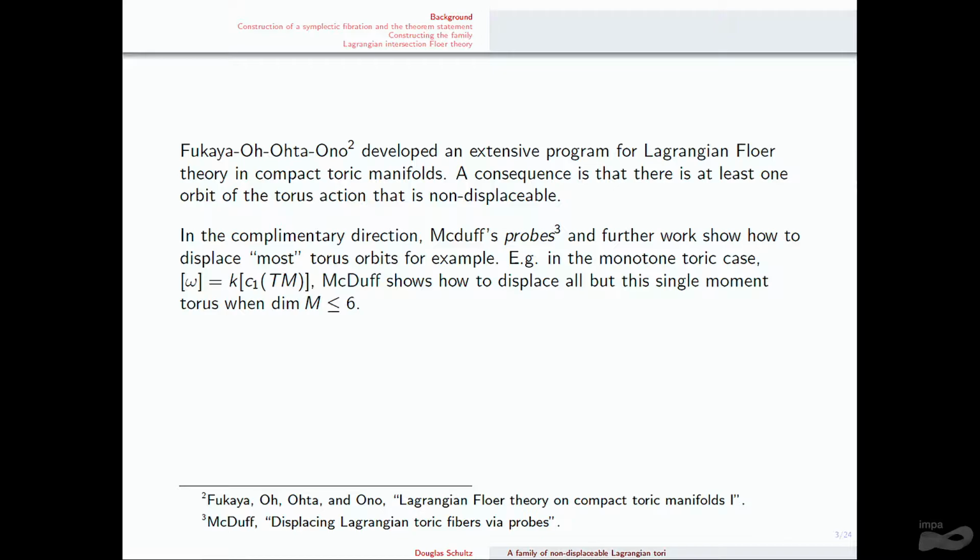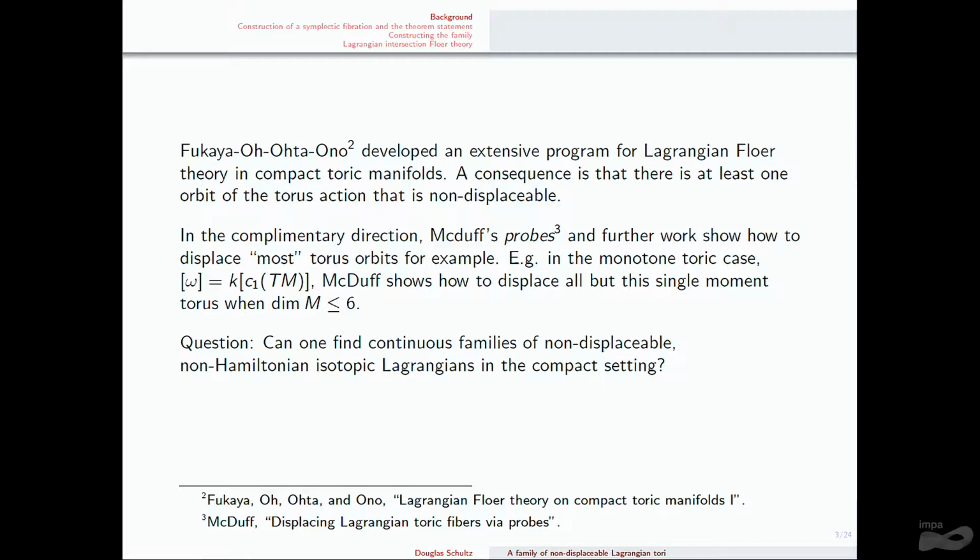For example, in the monotone toric case, when the dimension m is less than 6, you can displace all but the single torus that was shown up here. So can you find continuous families of non-displaceable but non-Hamiltonian isotopic Lagrangians, let's say in the compact setting?